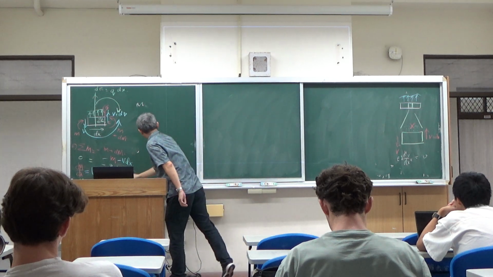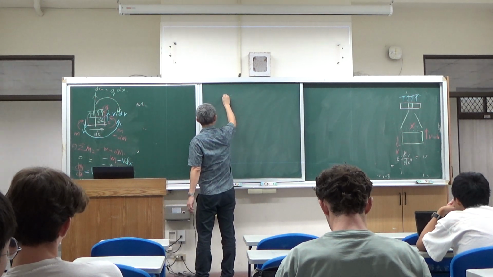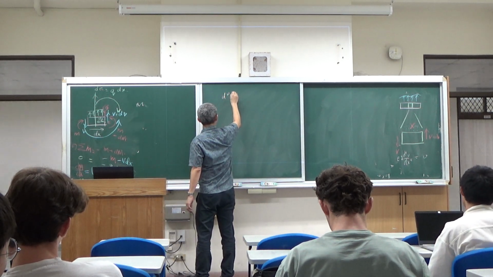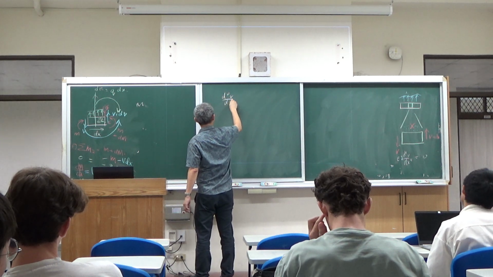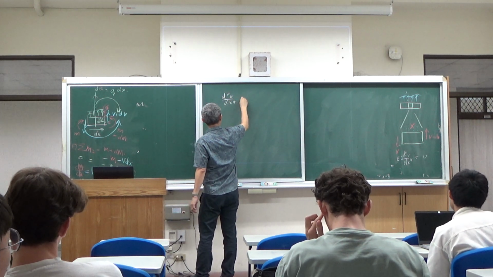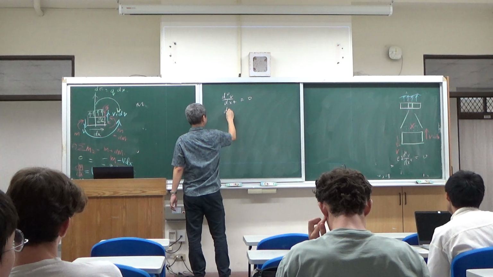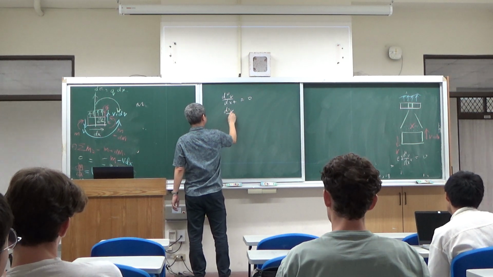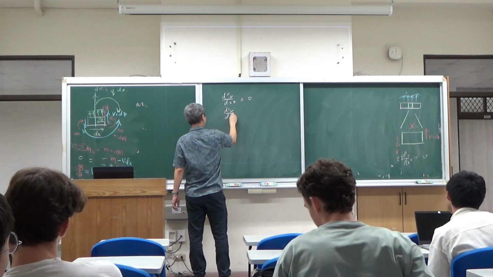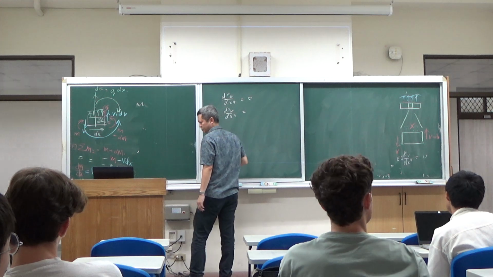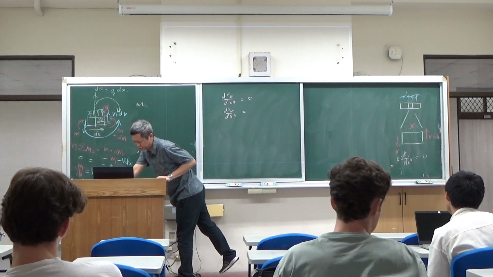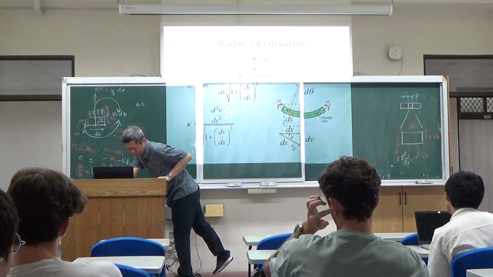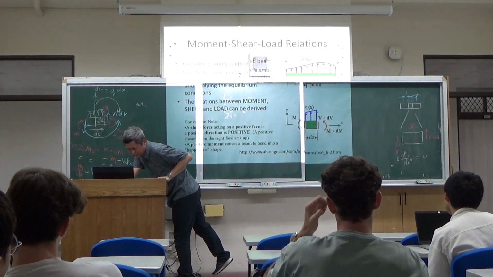What we're going to do is the fourth order derivative of v is equal to 0. So the third order derivative will then be what? Anyway, let's go back to this expression.